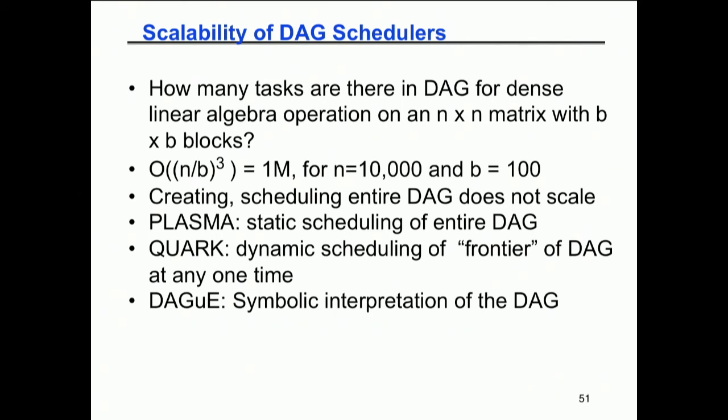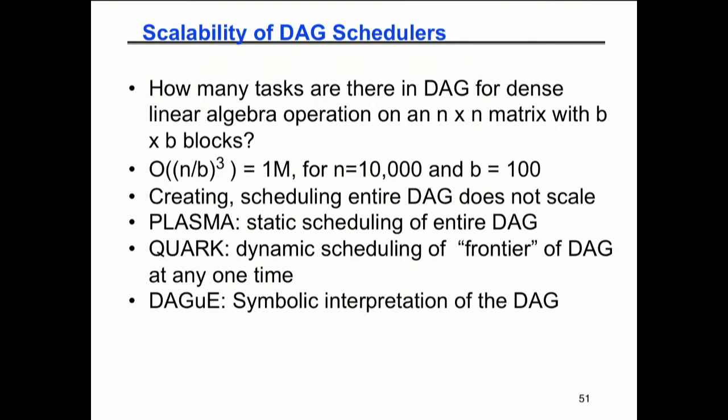Well, each one of the tasks is going to be working on a b by b subproblem, and n over b is the number of tasks in each dimension, so there's going to be order (n over b) cubed tasks, and so you end up with a million of those for n equals 10,000 and b equals 100. So you end up with a lot of tasks is the basic point.